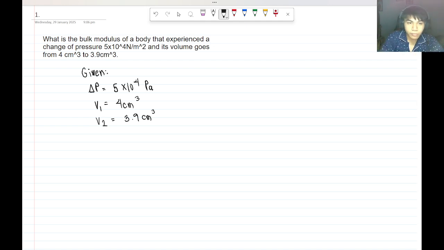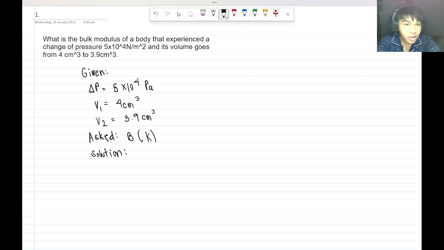So we're asked to find the bulk modulus, P. In some other textbooks, I recall the bulk modulus is denoted as K, and I think that's also what we used in physics 1, if I still recall. Let's solve for this.